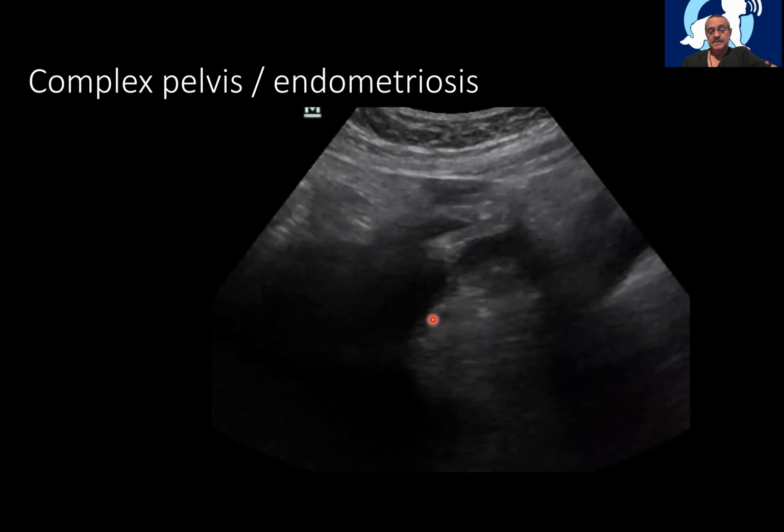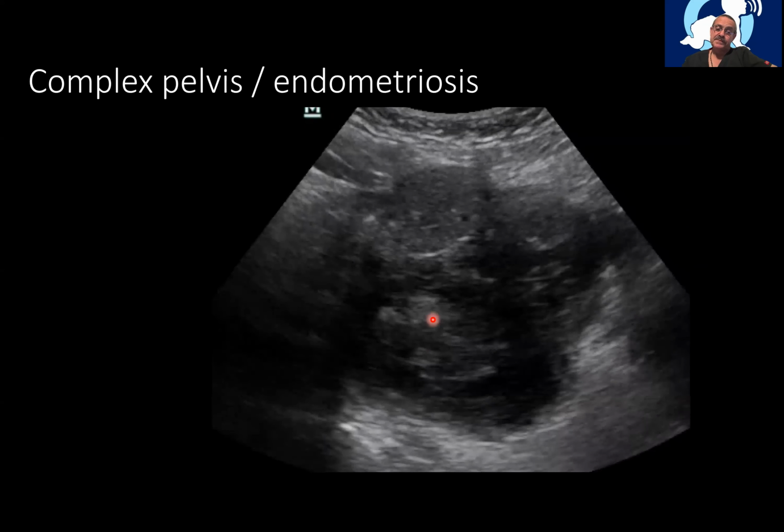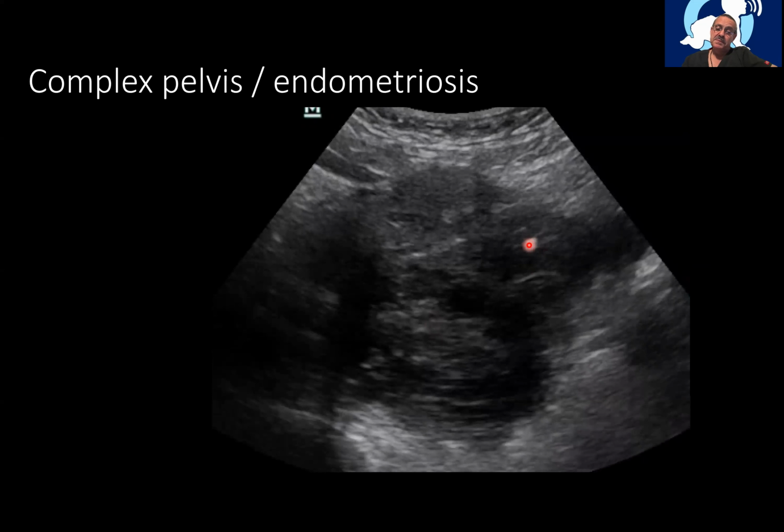Complex pelvis, endometriosis. See the bright spots, that hemosiderin I told you about?